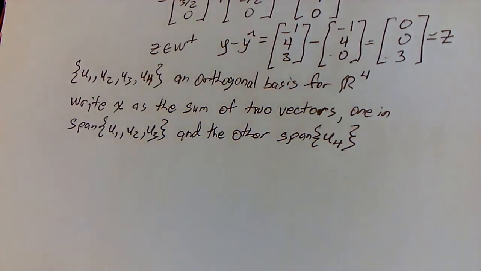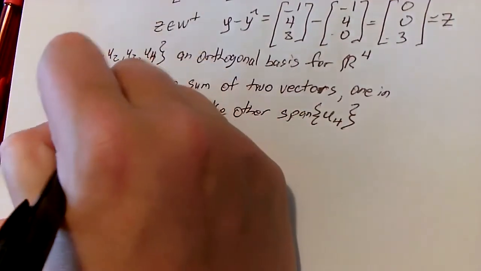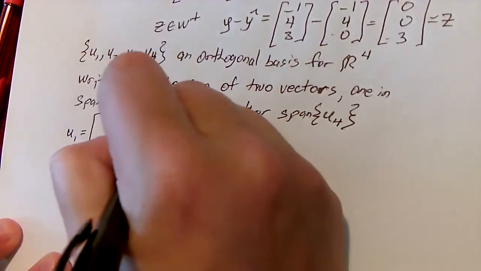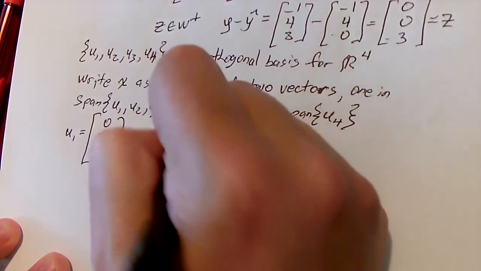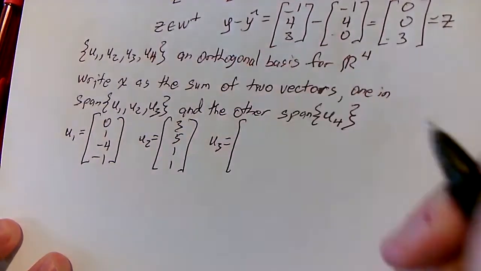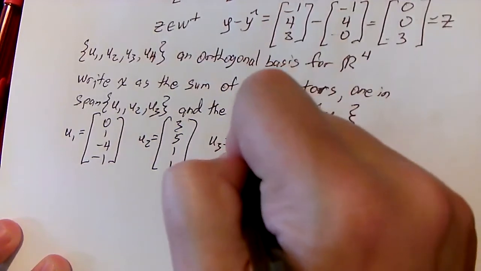So let's write down what these vectors are and then figure out how we're going to go about this task. So U1 is going to be 0, 1, -4, -1. U2, 3, 5, 1, 1. U3, 1, 0, 1, -4.